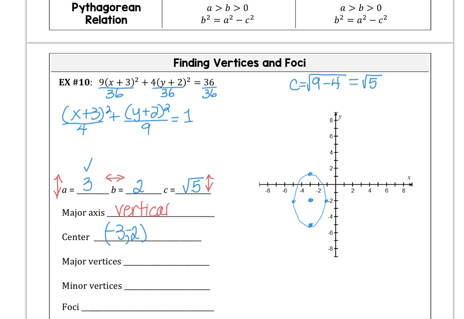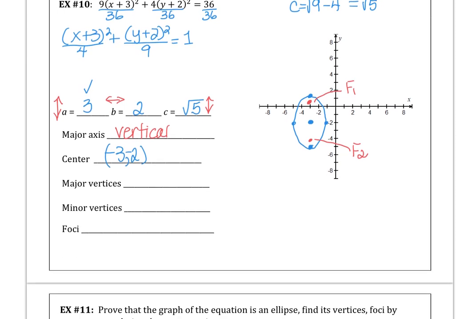Our focal points from the center are a little more than 2 in both directions. And this will be the first time when I can show you what I'm talking about instead of memorizing all of those formulas and driving yourself crazy. We can use the graph to help us out. So where are our major vertices?